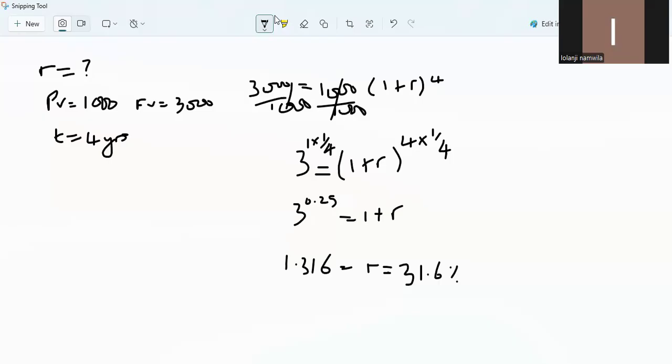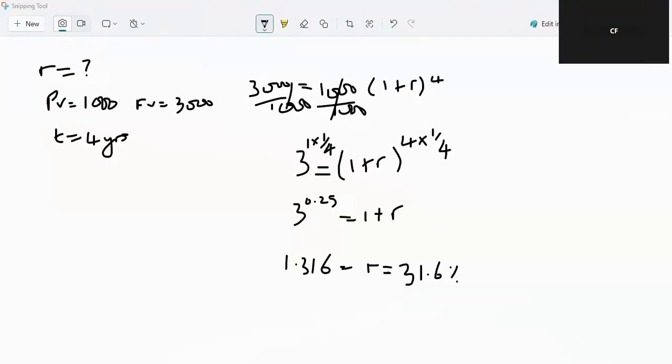I have a question. On the 4 years and then the quarter, where was the quarter coming from? The 1/4 is because of the 4 years there.